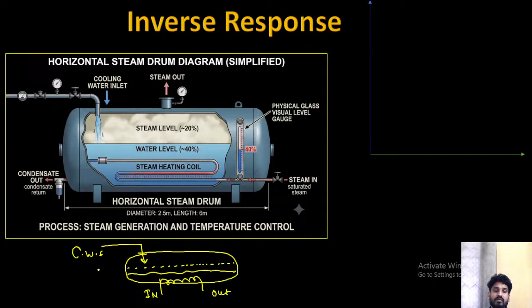Now just try to understand what the inverse response is. Inverse means ulta, opposite. Response means response. Inverse response means opposite response, meaning the result is not the same as I am expecting. Like, I have given you some homework. My expected response is that you will do the homework sincerely.